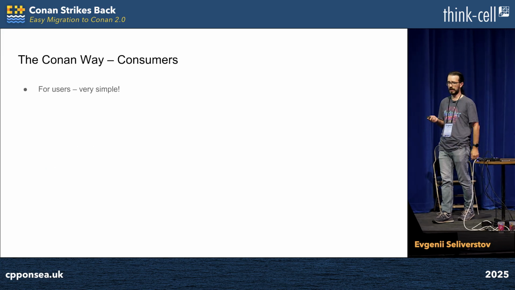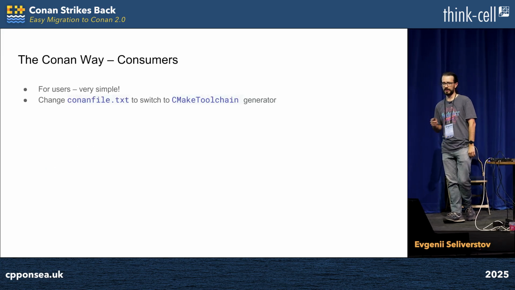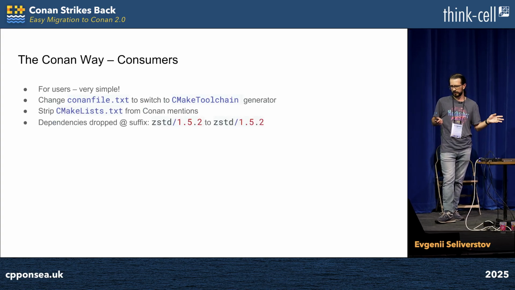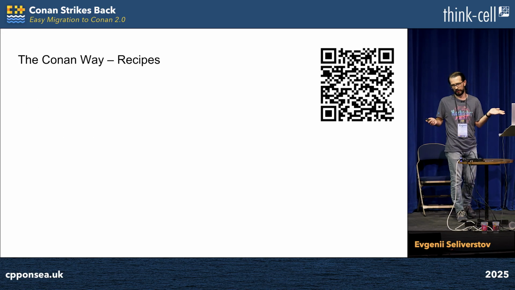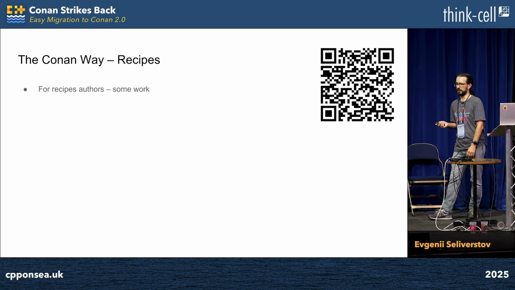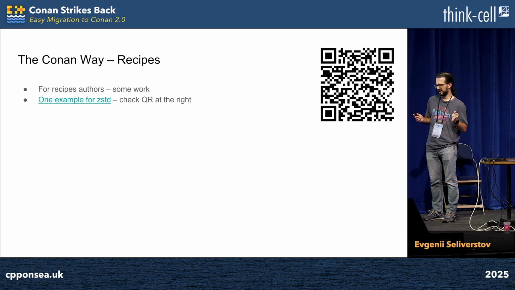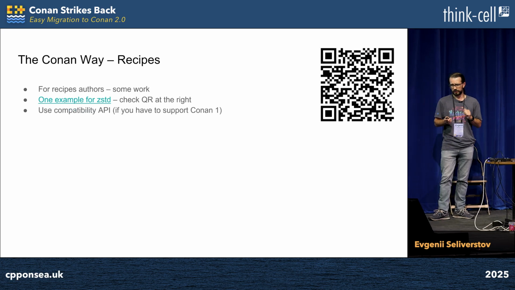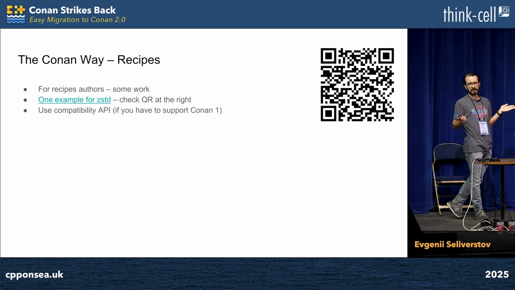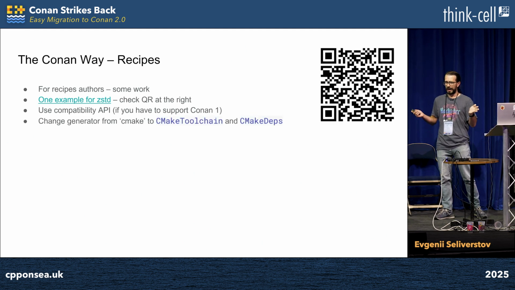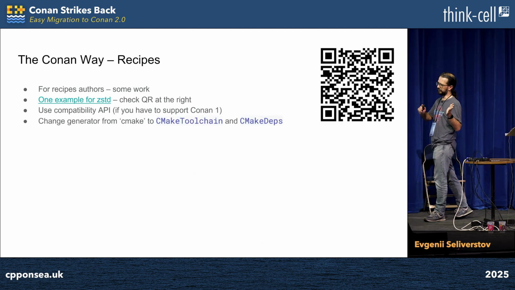And how to migrate consumers? Really easy. Just drop all the stuff from the conanfile.txt, adjust the syntax, and learn the new CLI. It's OK. How to work with recipes? It requires some work. This is how to migrate the typical zstd library, and it works well. You can use the compatibility API to produce a package that works with Conan 1 and Conan 2. You need to change the CMake generator.